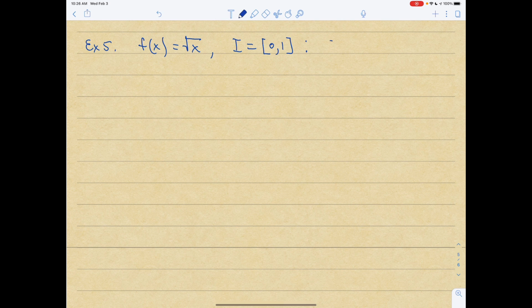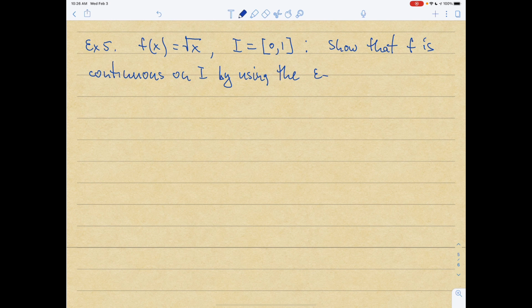So show that f is continuous on I by using the epsilon delta definition of continuity.